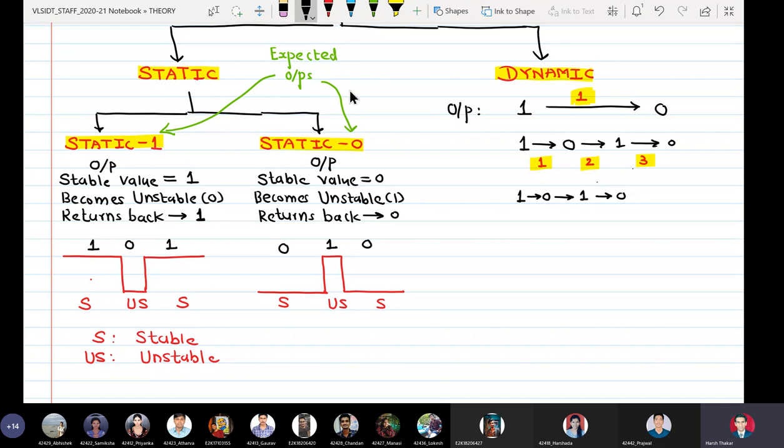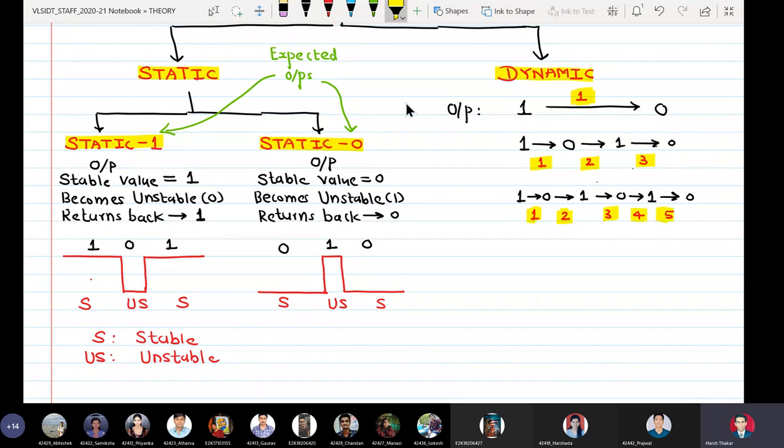So 1 to 0, 0 to 1, 1 to 0, again 0 to 1 and 1 to 0. Okay, so here we have 5 transitions: 1, 2, 3, 4 and 5. Another example of a more severe dynamic hazard.